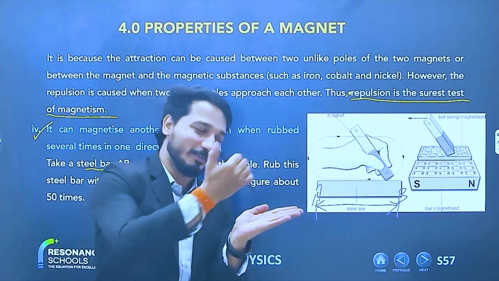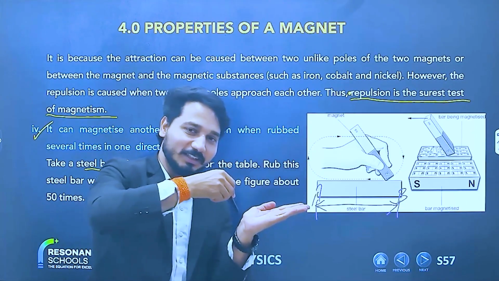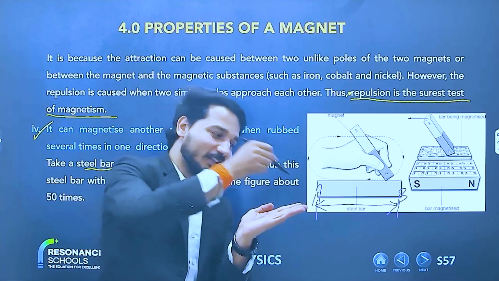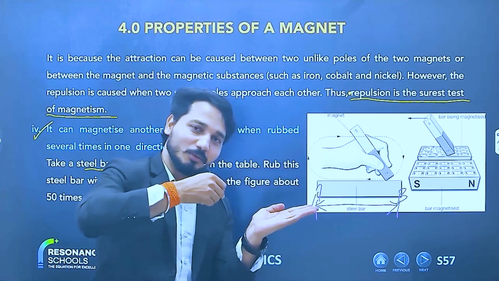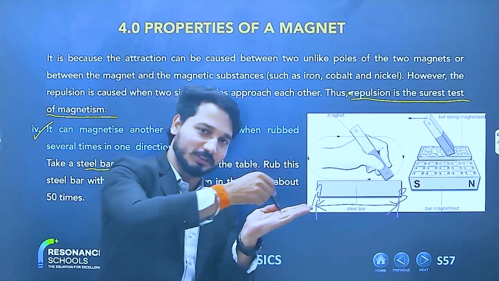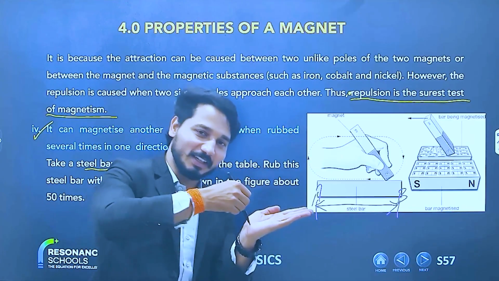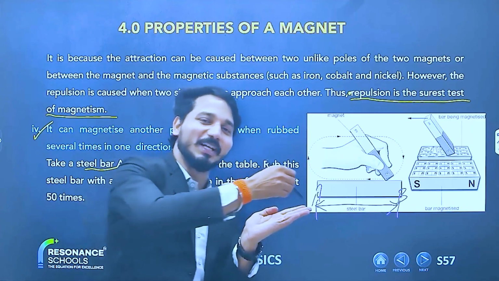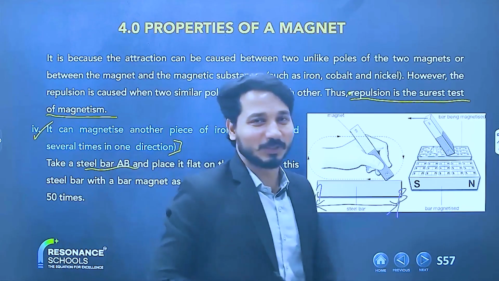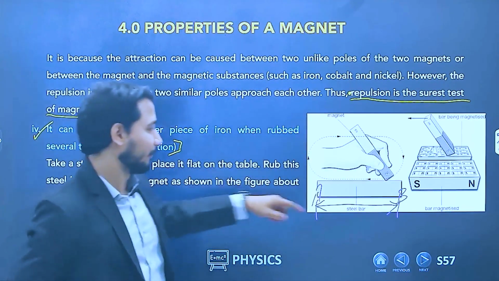You have to rub it in one direction: keep it on one side, scratch it along, then pick it up, place it on the one side again, and repeat the same process. Don't move it here, then back, then here, then back. That is why mentioning one direction is very important.